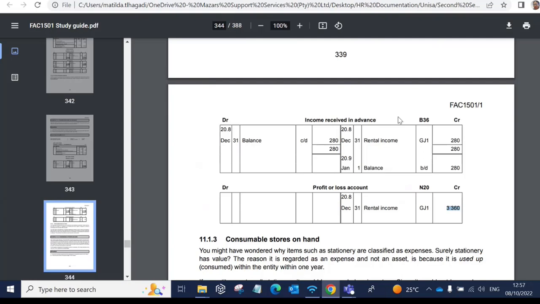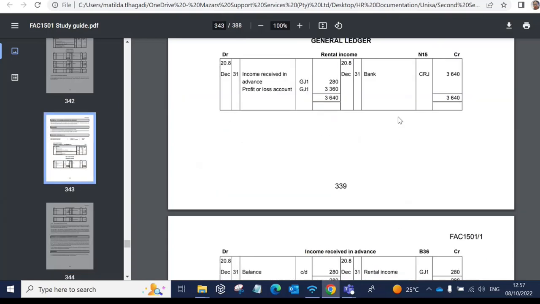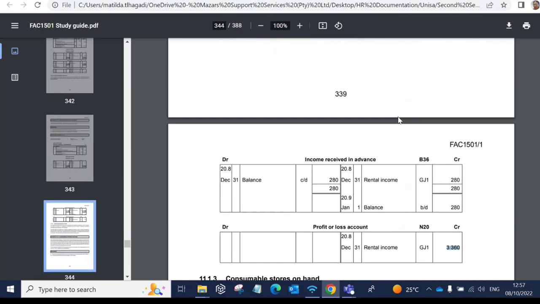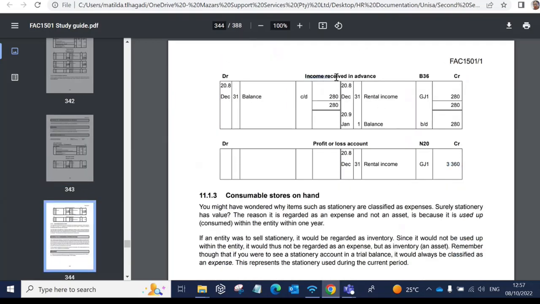Because we already have that 280, won't we debit our income received in advance account and credit profit and loss? Very close. The entry in January, because we already received that income in advance, is that we're going to credit rental income and debit income received in advance, not the profit and loss.